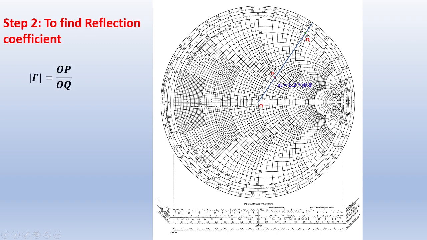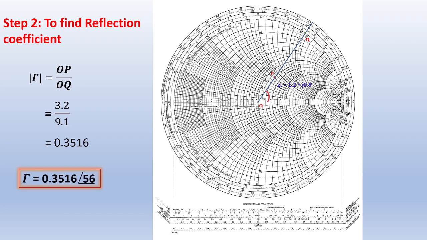The magnitude of the reflection coefficient is nothing but OP upon OQ, so till the load impedance and then till the circumference. We measure these distances and get the magnitude of the reflection coefficient, which is 0.3516. Also to get the angle, extend this and find the angle made with the axis of the Smith chart. It is around 56 degrees.